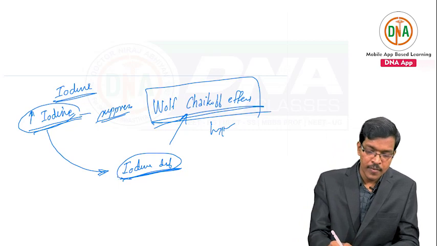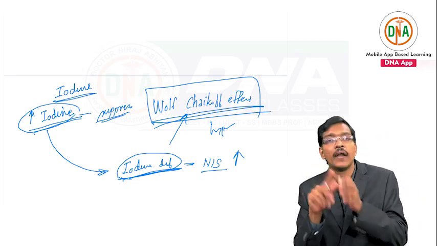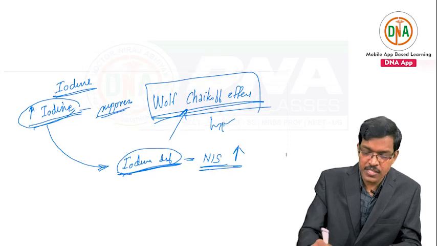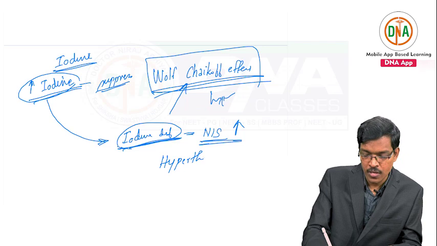So the NIS function will be high, that is, sodium iodide symporter function will be high. These patients can develop a form of hyperthyroidism.